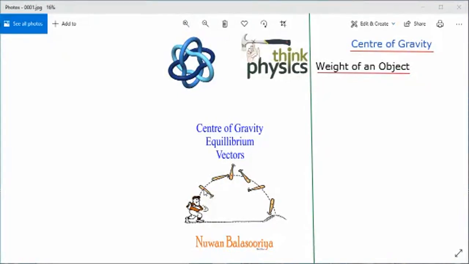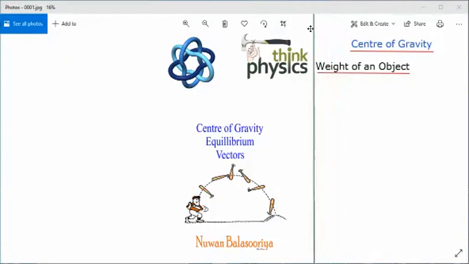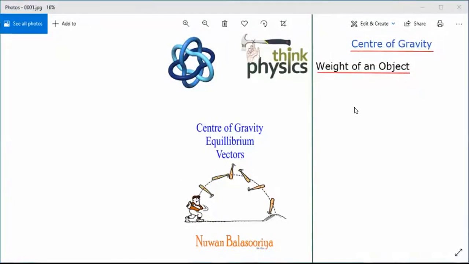That force is known as gravitation attraction force, full stop.